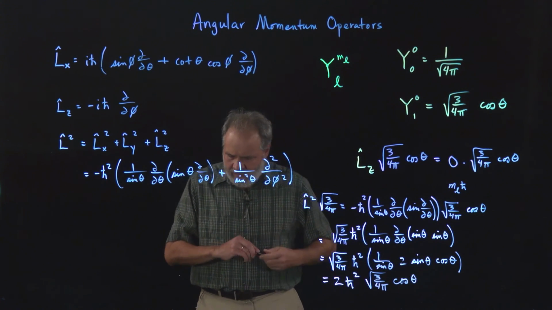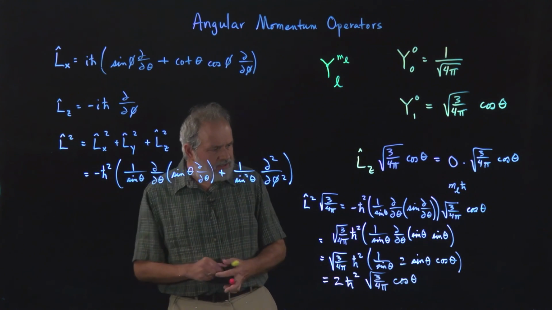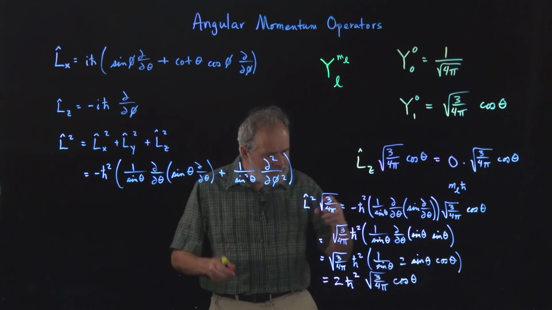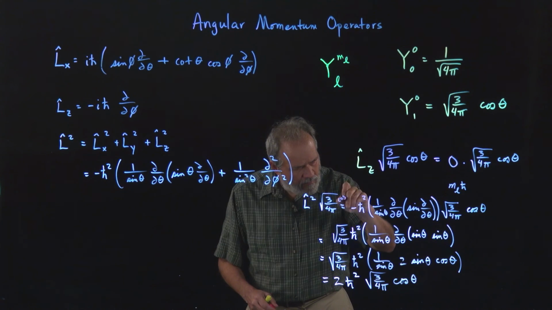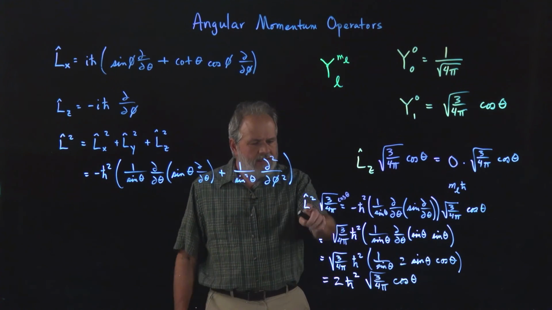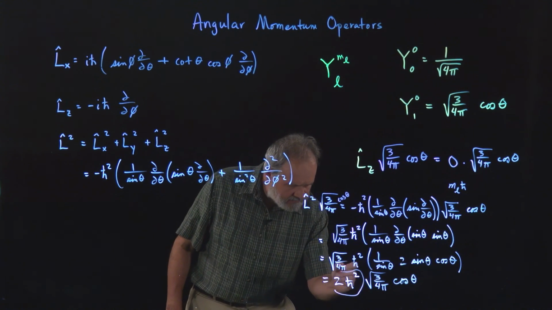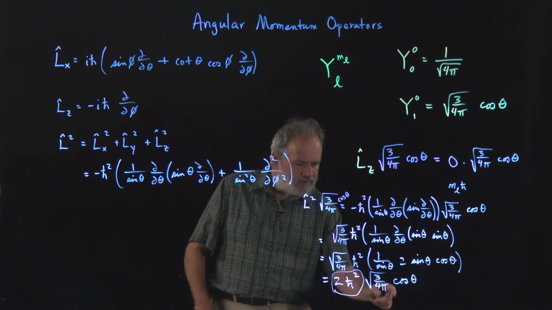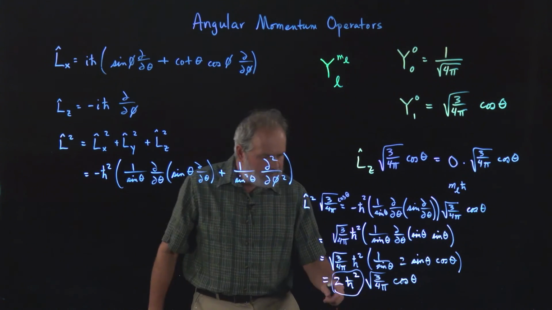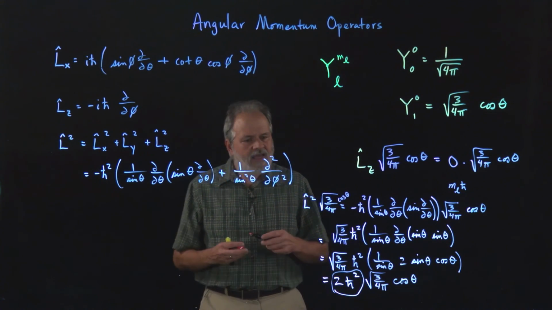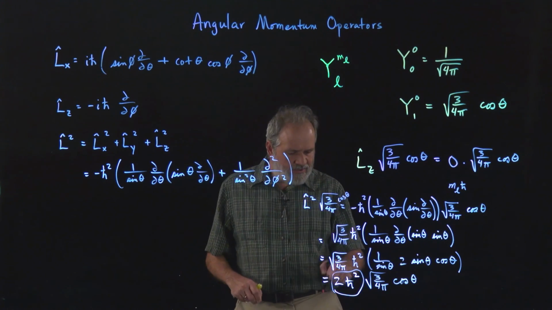All right. And the reason I did it in this particular order is so that you could see that operator function equals a constant times the same function, which is right here. And so the eigenvalue of the L squared operator is going to be 2 h bar squared.